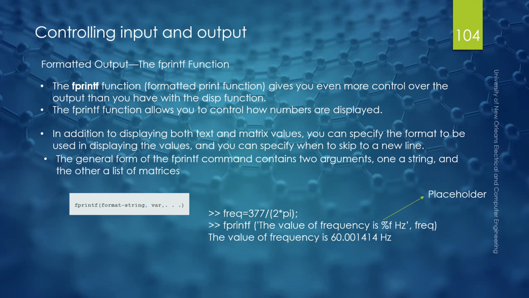As you can see here, this is the result, followed by Hz. That's why this is called the placeholder, because it is replaced in your final result.